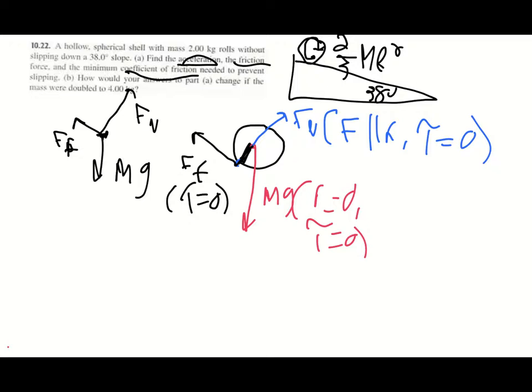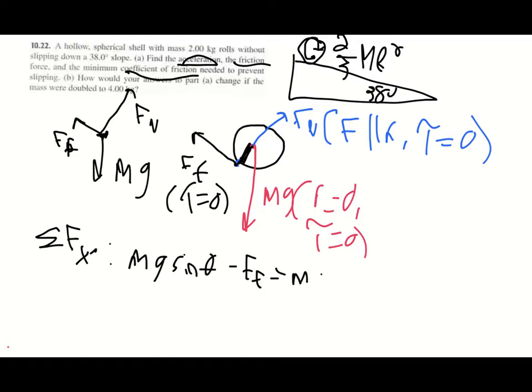So when we look at the force equations, I'm going to tilt my head for this so that I'm breaking the gravitational force into components. For the x prime component, the sum of the forces is mg sine of theta minus the frictional force equals ma.